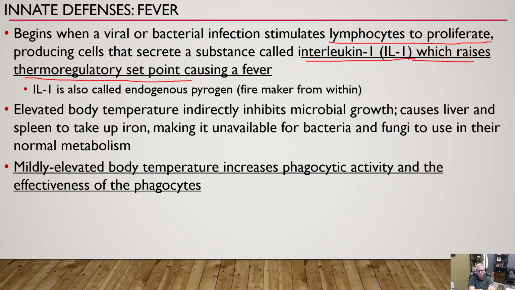So when we get a fever, our body naturally takes iron from our hemoglobin and puts it back into our liver and spleen. Because we don't have iron in our hemoglobin, the bacteria and fungi can't use that iron for their normal replication process. That's what it means by indirectly inhibits microbial growth.